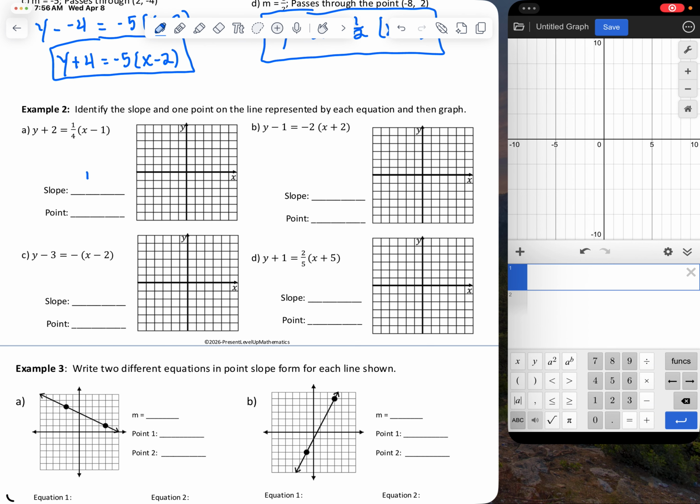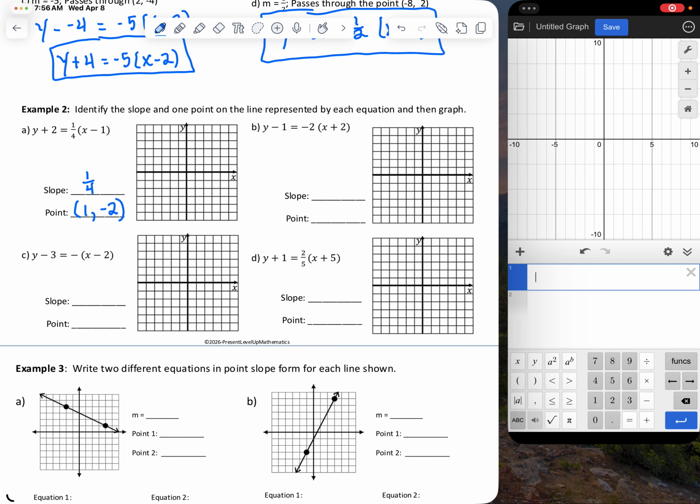So our slope is easily identifiable as 1/4. Now the point on the line, you're going to take the opposite of what's in the parentheses. So the opposite of minus 1 would be positive 1, and then take the opposite of the plus 2 to be negative 2. So we know this line goes through the point (1, negative 2), and it has a slope of 1/4.